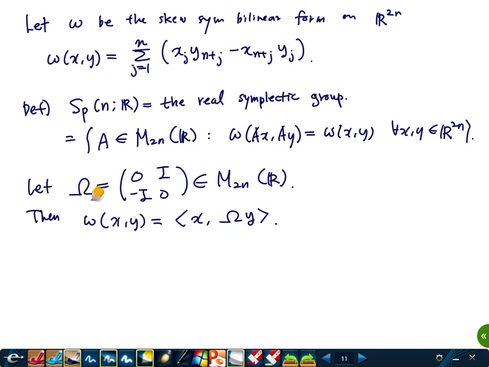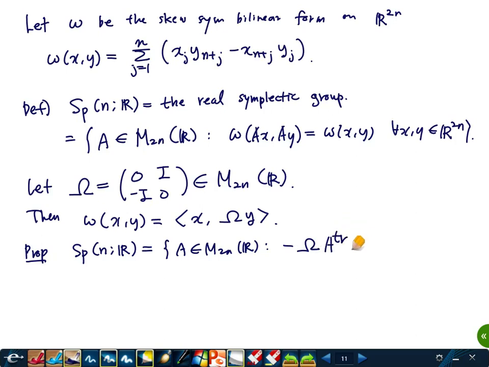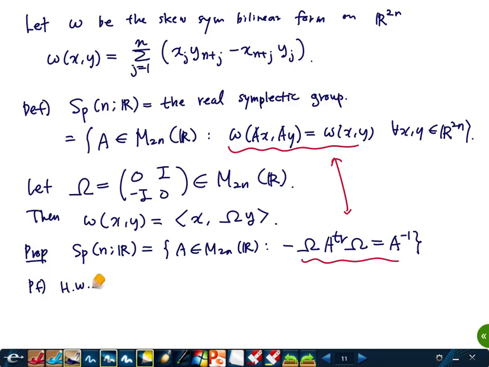And using this matrix, the proposition is that for the real symplectic group, this condition is the same as minus Omega A transpose Omega equals A inverse. So they are the same. And the proof is one of the homework problems, so it's not going to be difficult.